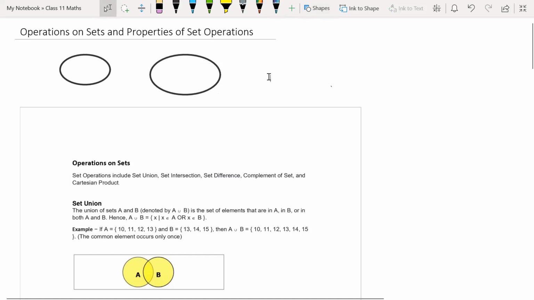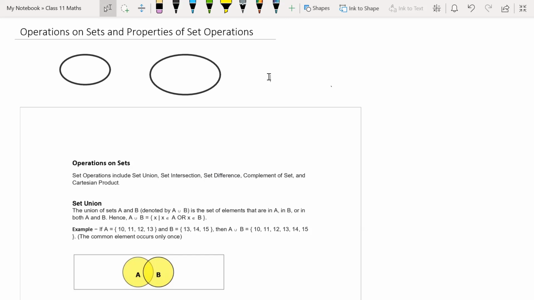Venn diagrams are graphically represented in a circle, and in that circle the elements of a set are put. Based on the operations of the set, we adjust the Venn diagram.